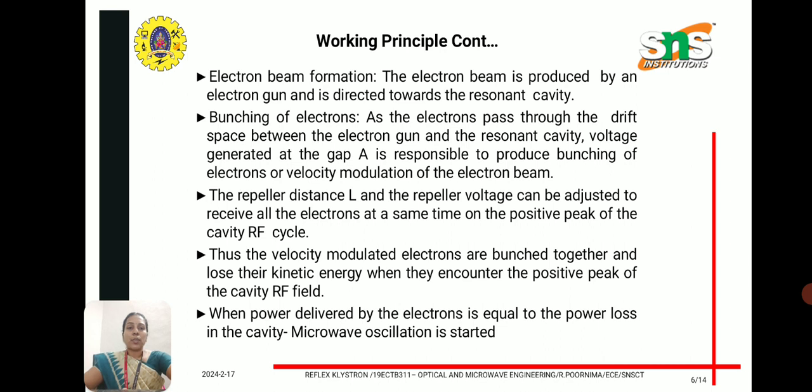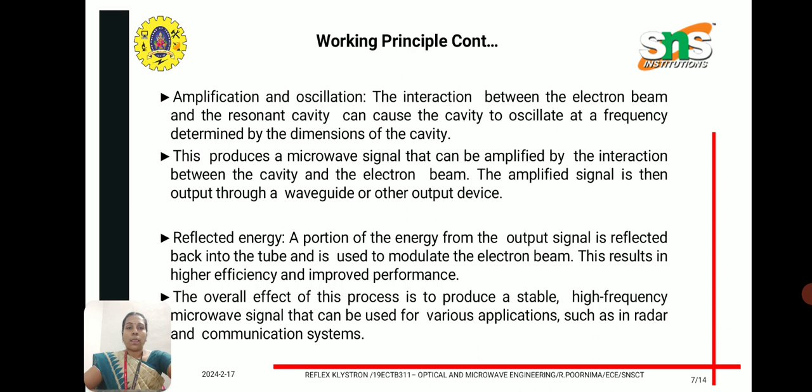These velocity modulated electrons are bunched together and lose their kinetic energy when they encounter a positive peak of the RF field. Like this, the oscillation is started. The interaction between the electron beam and the resonant cavity can cause the cavity to oscillate at a particular frequency. This produces the microwave signal.